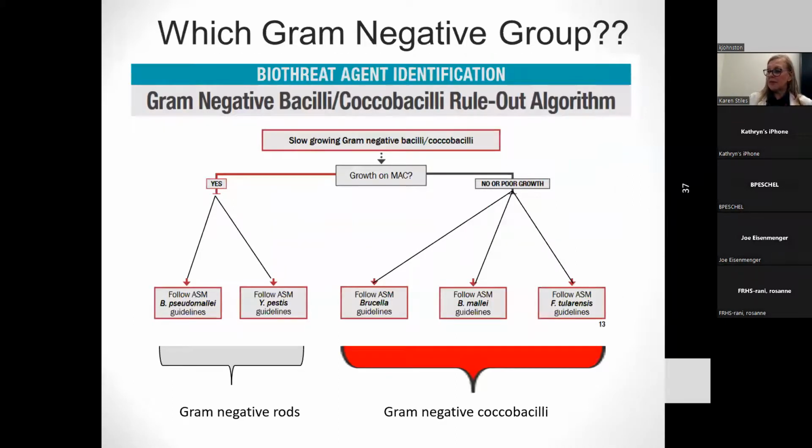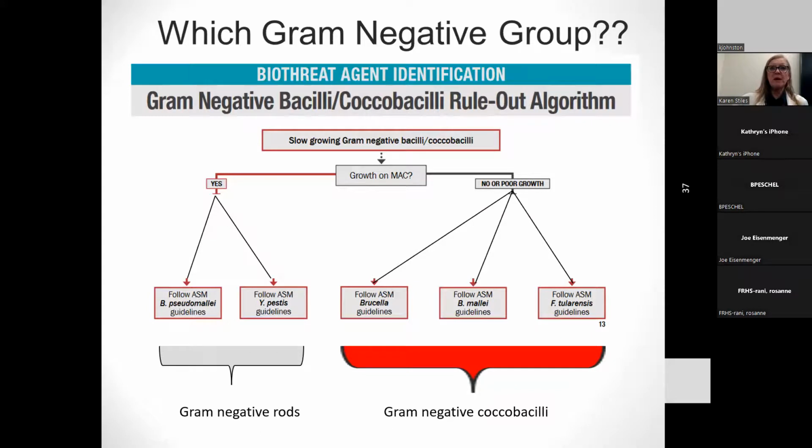And the reason I bring that up is because one of the newer pages in the APHL handbook bench guide is this, and I love this because it's not asking what gram stain you think it is. It's asking you right away, tell me, is it growing on MacConkey?